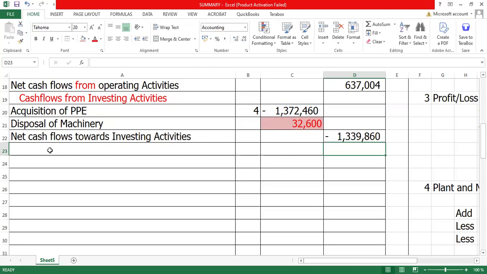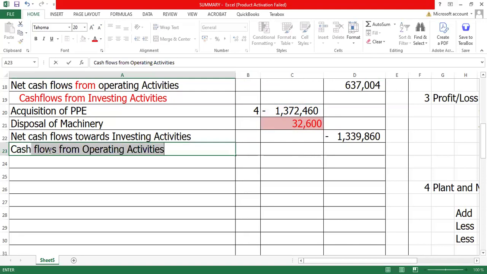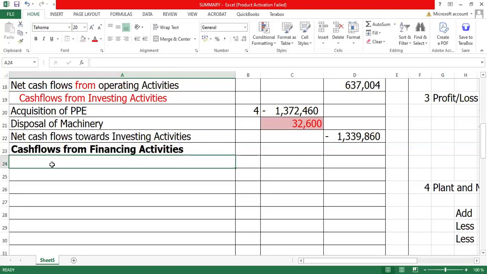So lastly, we need to look at cash flows from financing activities. Now here you need first to deal with the capital to know whether there was issuance of shares.